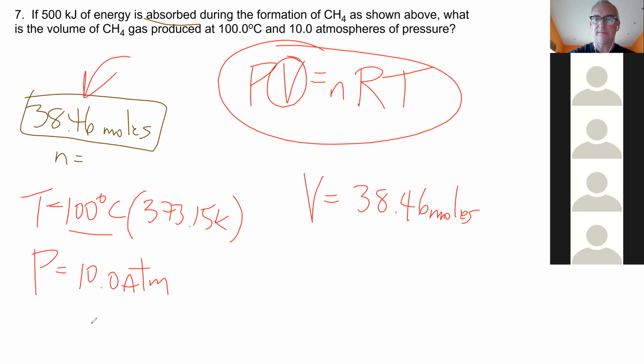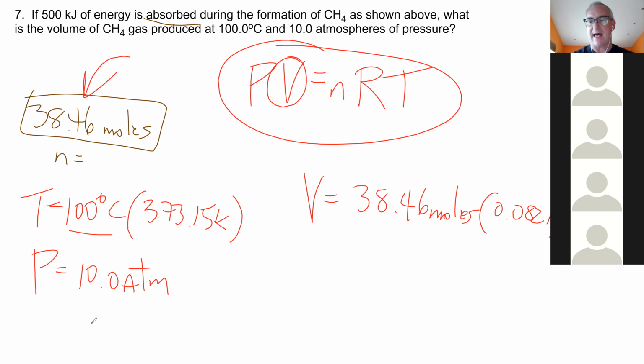R, anyone remember? 0.0821. Does everyone remember the units? Atmosphere liters over moles Kelvin.